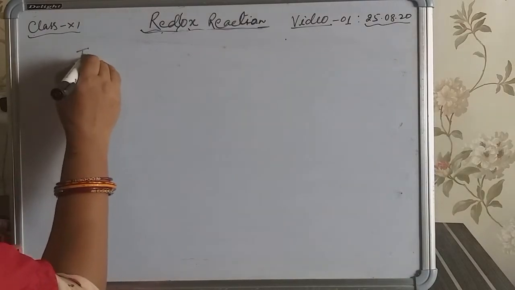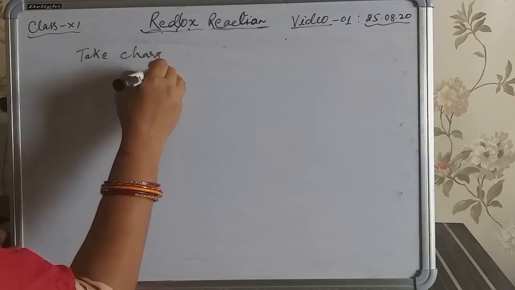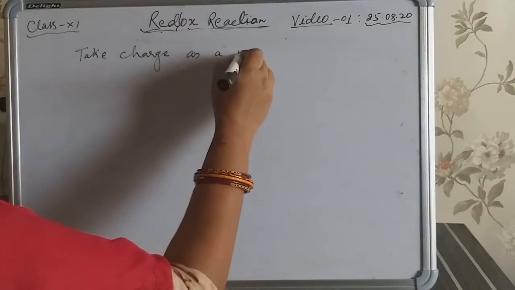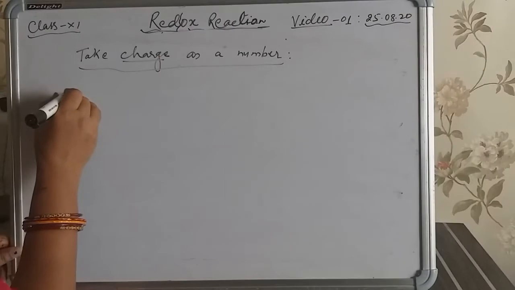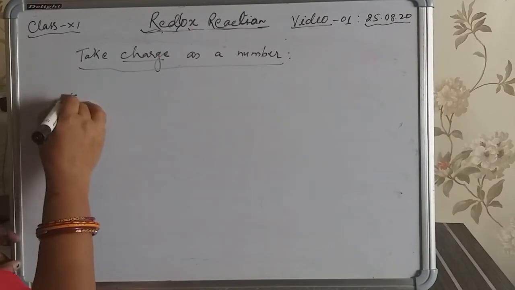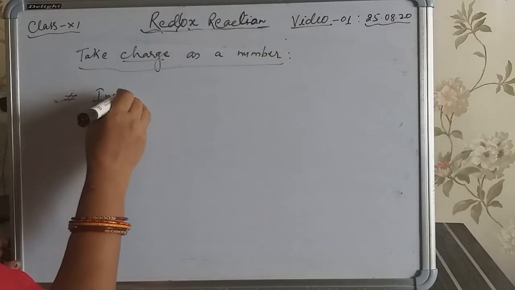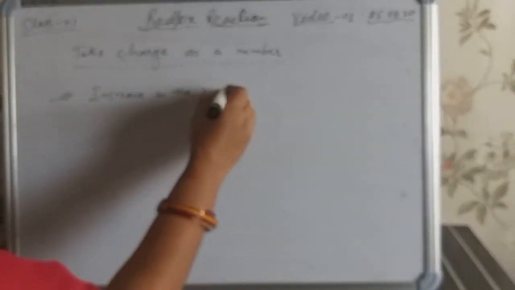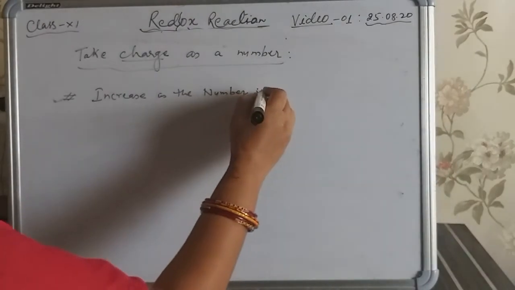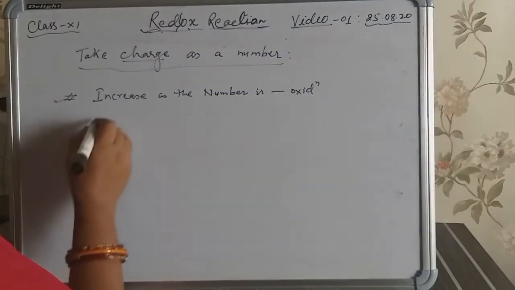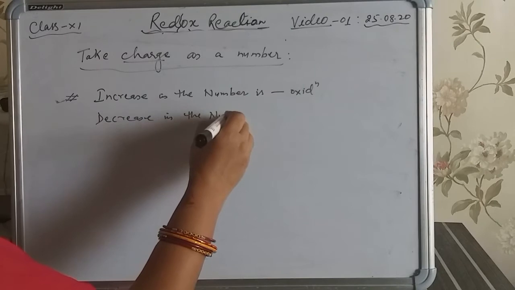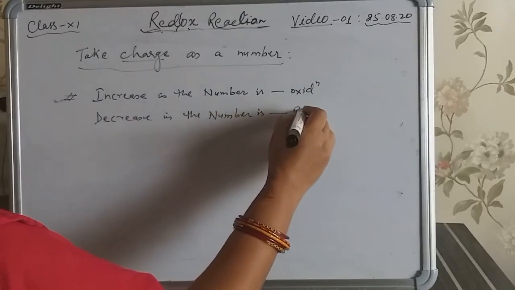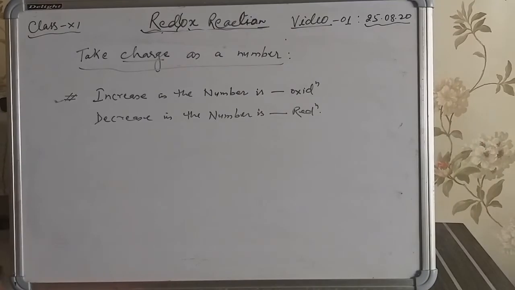Take charge as a number: an increase in the number is called oxidation, and a decrease in the number is called reduction.